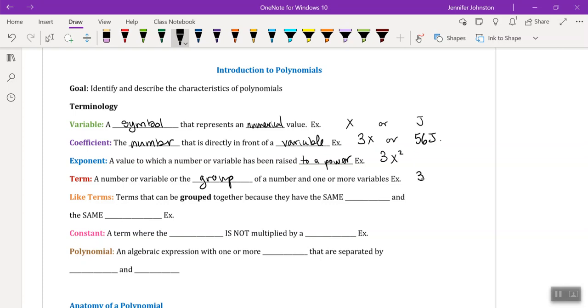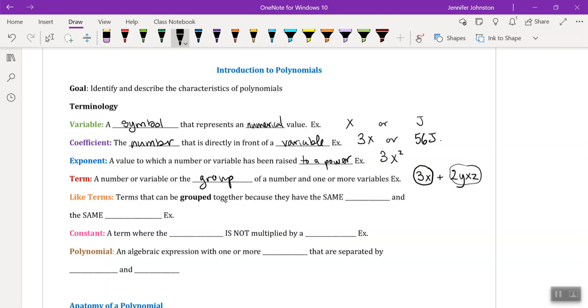So here we talked about 3x plus 2y. 3x would be the one term, 2y would be another term. You can have 2yxz. This would still be considered a term.